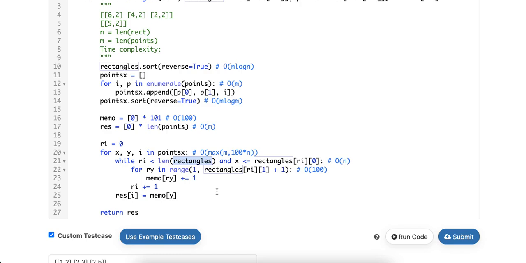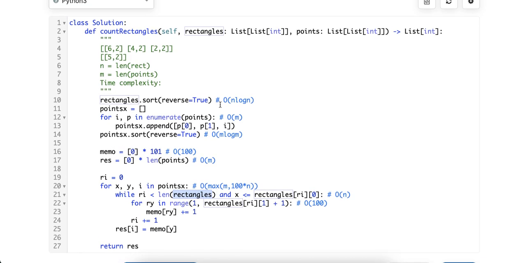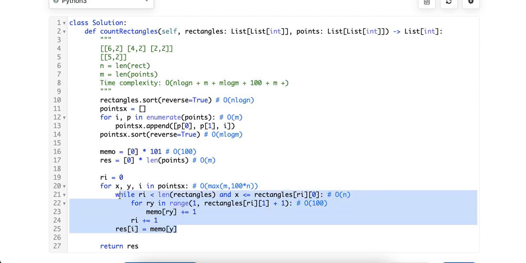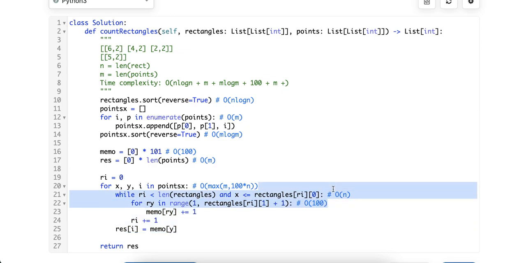Now the final big O notation will be the summation of everything from top to bottom. n log n plus m log m, plus 100 m, and for this one we took the top one, not the inner one. The inner one is just used to actually determine this one.